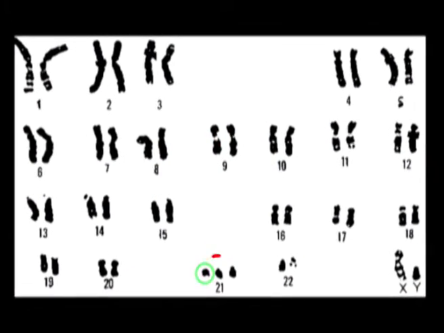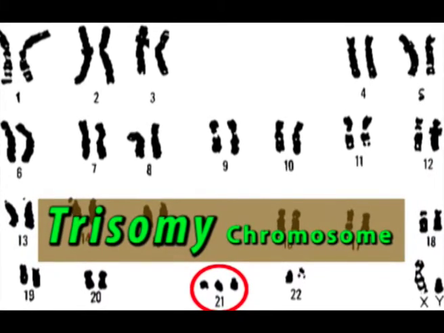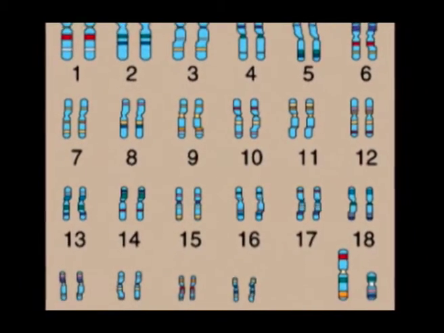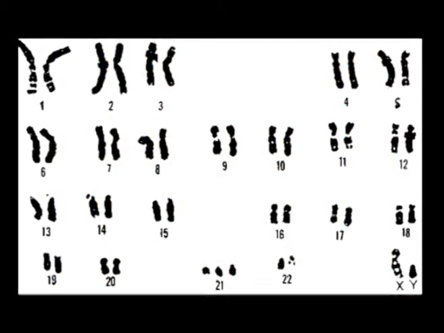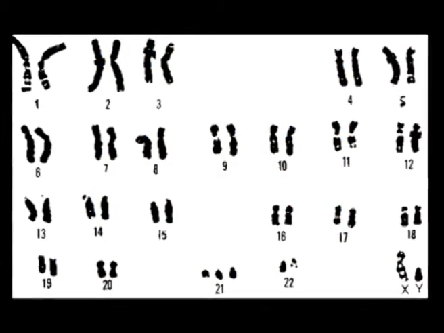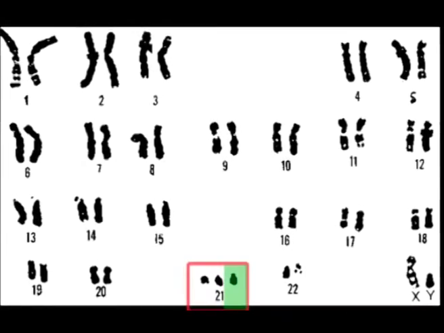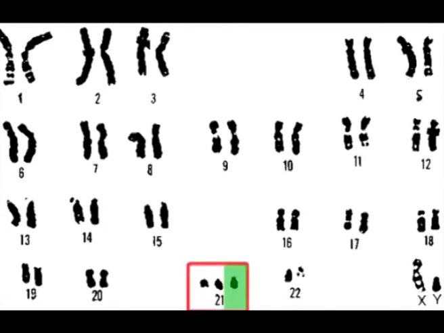So that is why we call it trisomy. Therefore, in a normal human karyotype, we have 46 chromosomes. But in case of Down syndrome, we have 47 chromosomes, and the extra chromosome is a copy of the 21st chromosome.